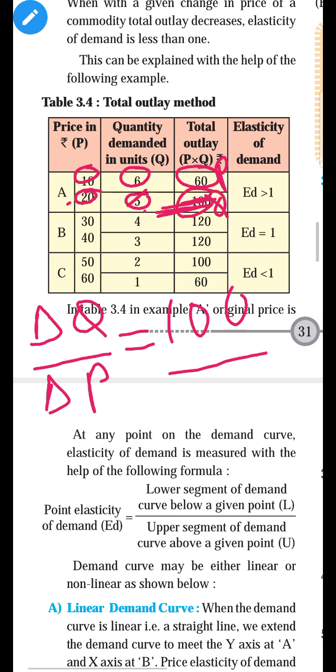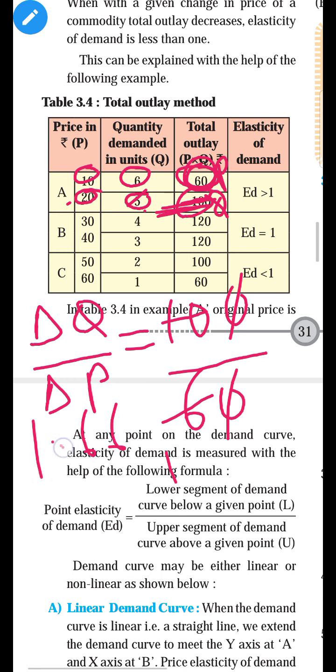And delta P means how much the price changes? Price changes by 60 rupees, so it is 60. When you solve 100 upon 60, the number comes to 1.66. So 1.66 is greater than 1.